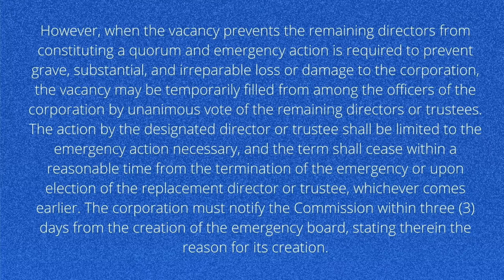The vacancy may be temporarily filled from among the officers of the corporation by unanimous vote of the remaining directors or trustees. The action by the designated director or trustee shall be limited to the emergency action necessary, and the term shall cease within a reasonable time from the termination of the emergency or upon election of the replacement director or trustee, whichever comes earlier.